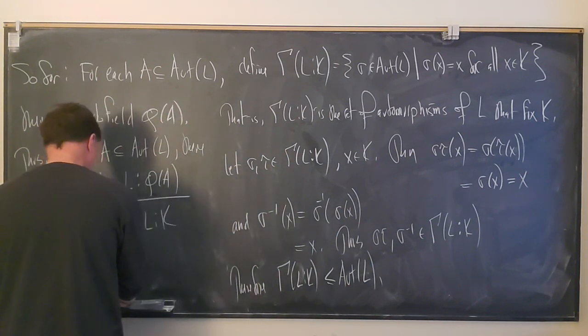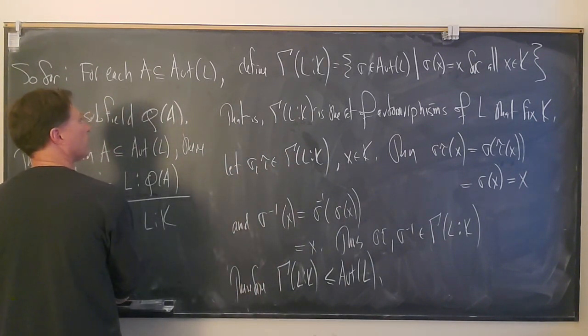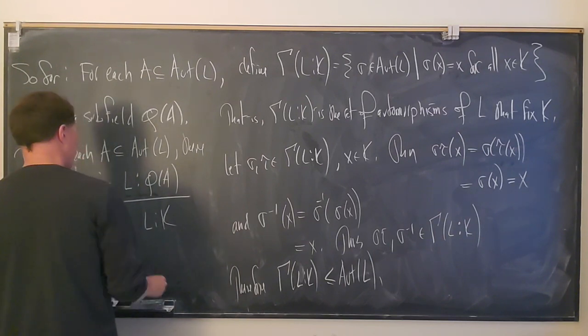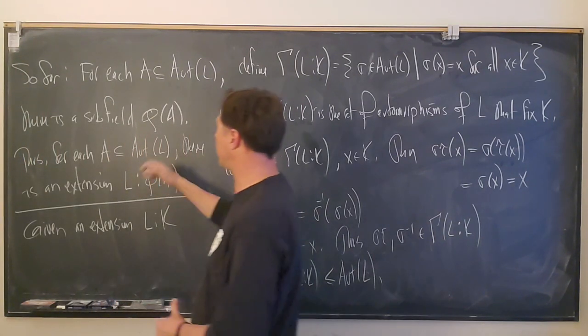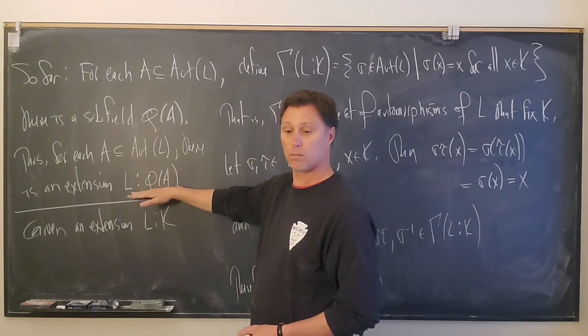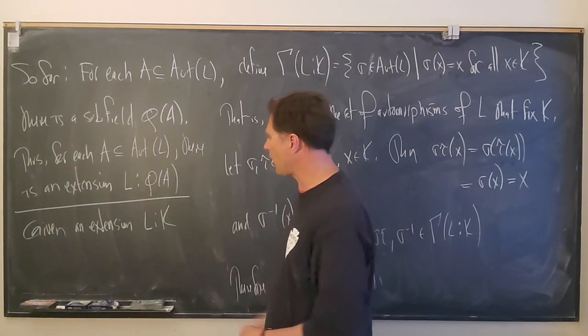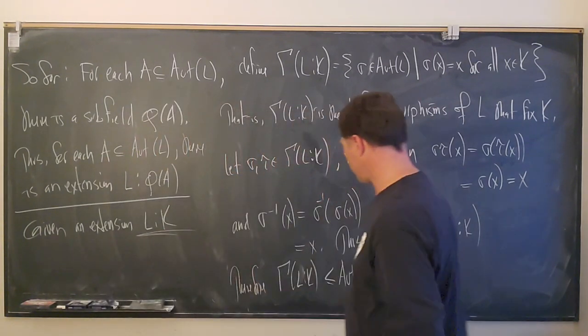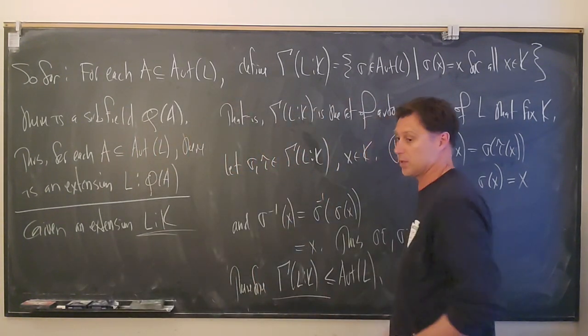So what does that say now? A minute ago we were saying every time you take a subset of Aut L, it induces an extension. And now in the reverse, every time we have an extension, it induces a group, a subgroup of Aut L.